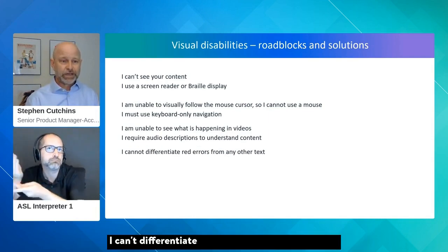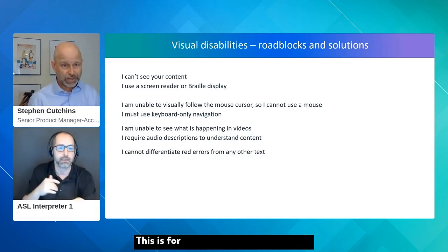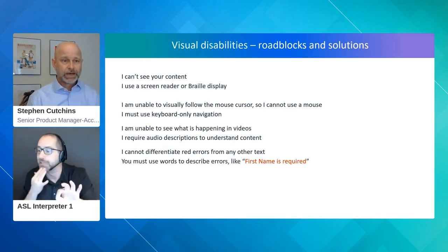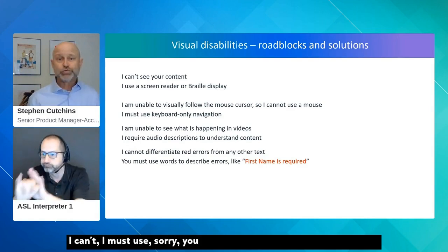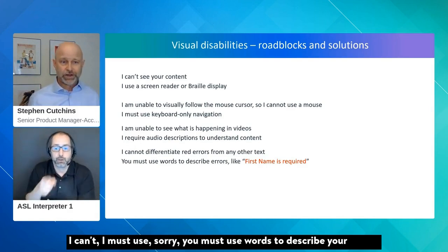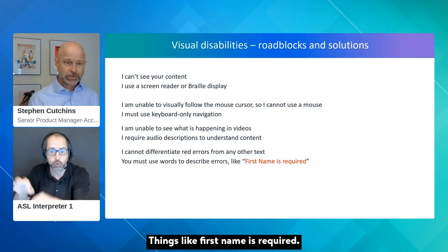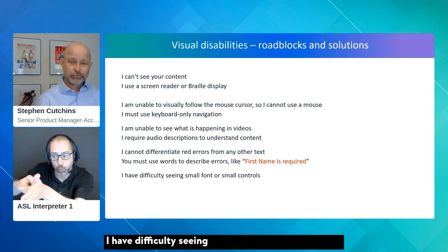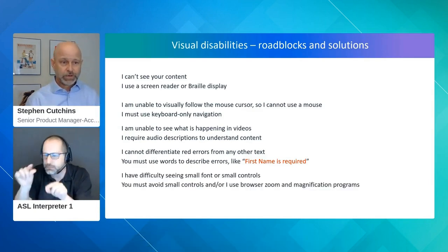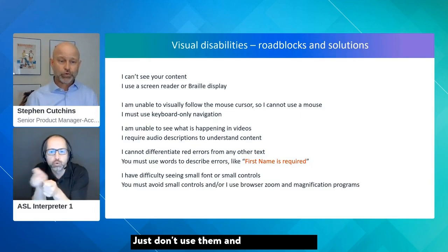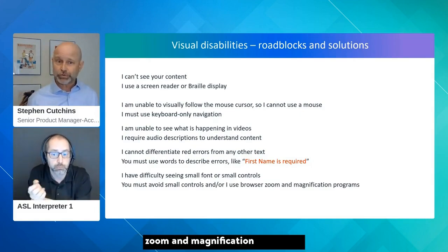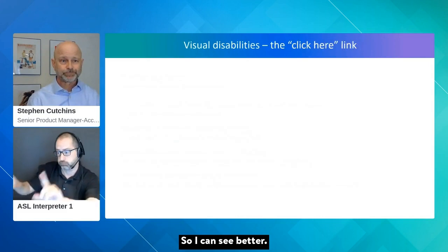I can't differentiate red errors from any other text. This is for 8% of colorblind men. You must use words to describe your errors. Things like first name is required. I have difficulty seeing small fonts or small controls. Just don't use them, or I use browser zoom and magnification programs so I can see better.